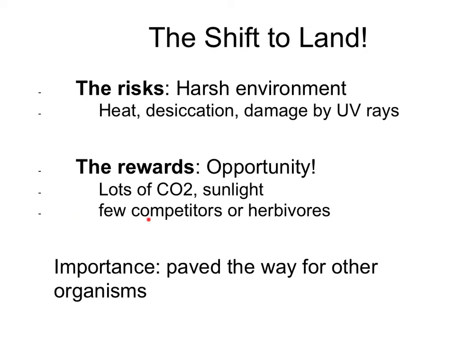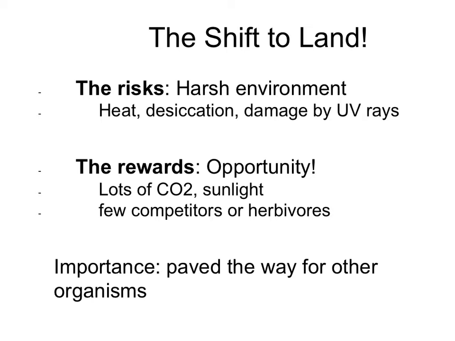And there were very few competitors or herbivores. So there would be nothing to eat them, basically, and nothing to outcompete them in terms of access to nutrients, sunlight, water, carbon dioxide, whatever they were going for. And so by plants shifting to land, it paved the way for all other organisms to also exist on land.